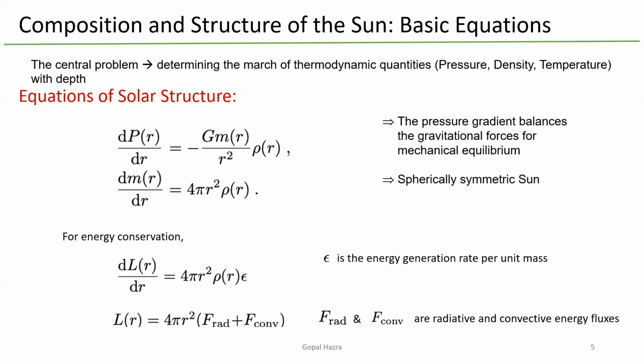So you are now integrating from 0 to R, where R is the radius of the sun. So I can put this.